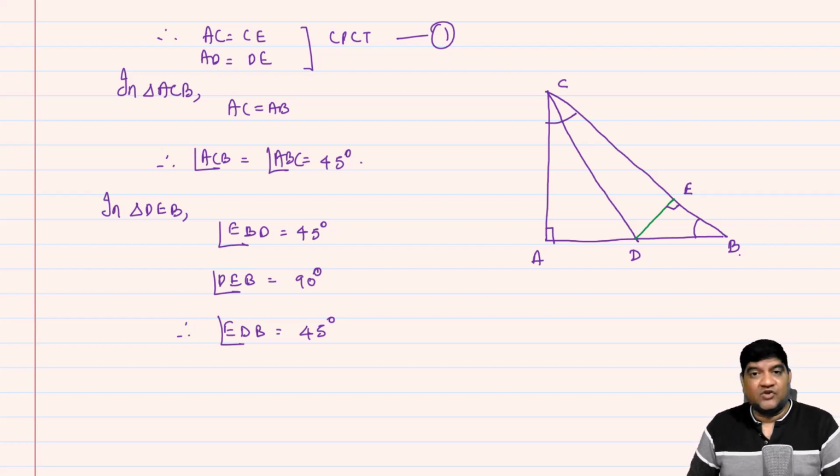And if it is isosceles, DE will be equal to EB. DE is equal to EB.